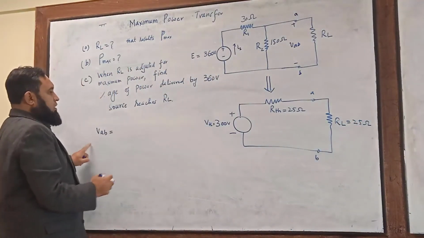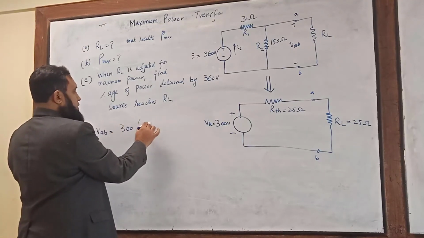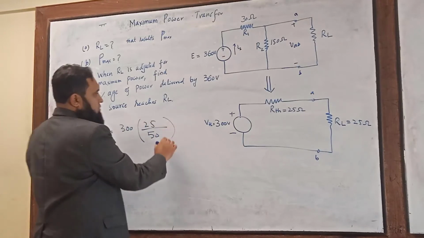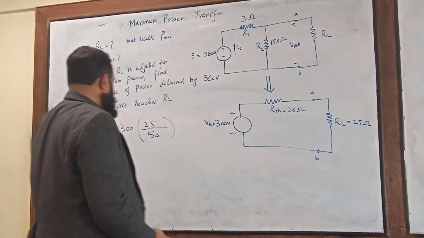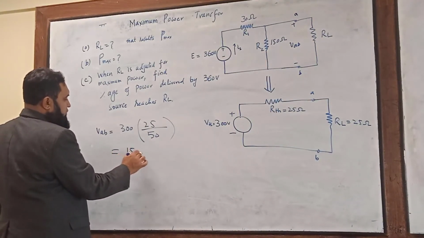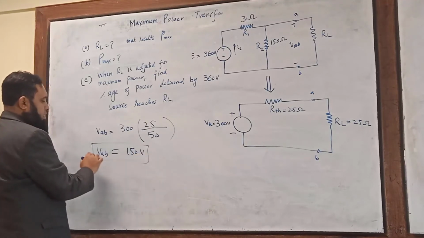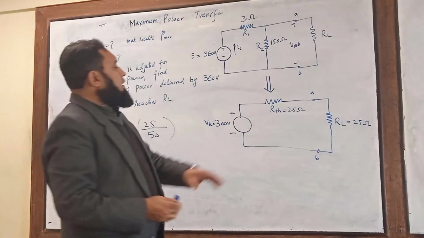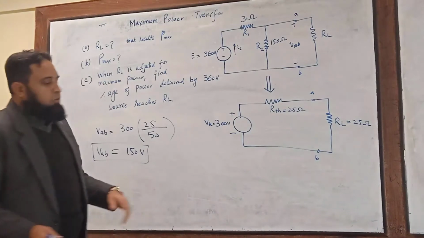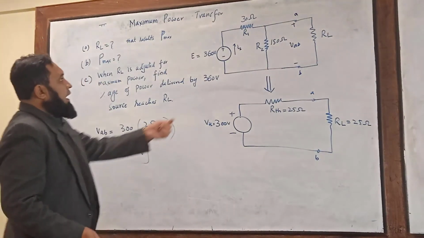So VAB is equal to the total voltage 300 times the 25 ohm resistance divided by 50 ohm, because 25 plus 25 is equal to 50 ohm. So VAB is equal to 150 volt. So now the voltage here is 150 volt, and you can easily compute the current IS.